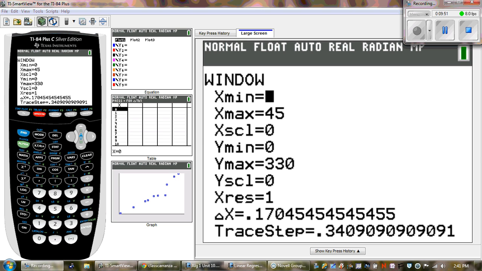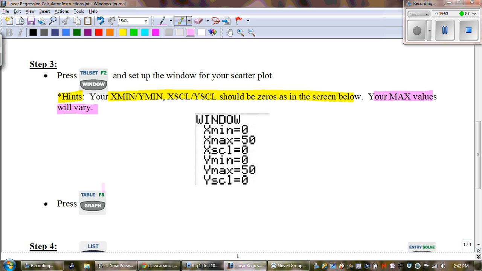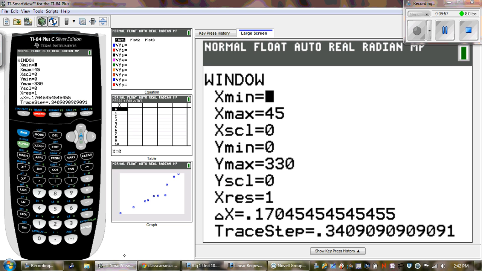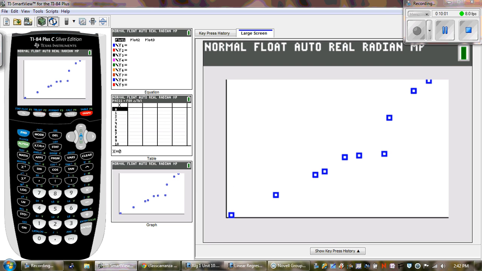Now, the next step tells us that we need to hit the graph button. The graph button is the top row all the way to the right. And there you go. Your graph should look just like this.